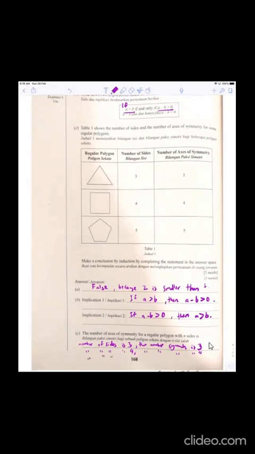Number of sides is 5, then number of symmetry is 5. So conclusion, the number of sides n equals the number of symmetry. That's it.